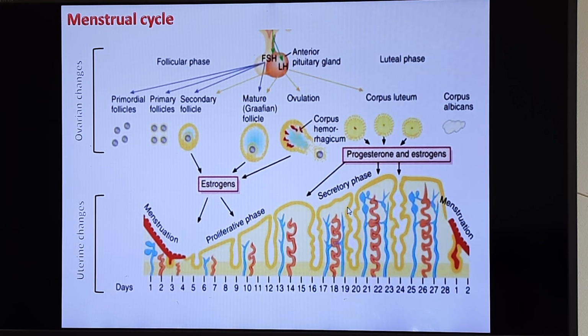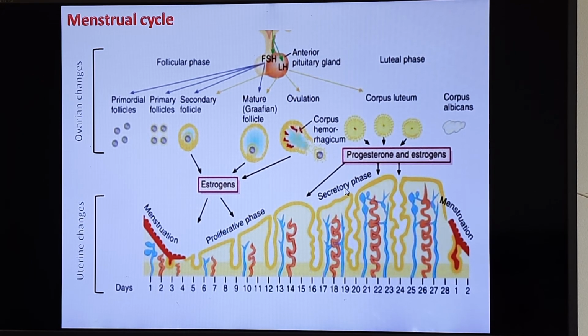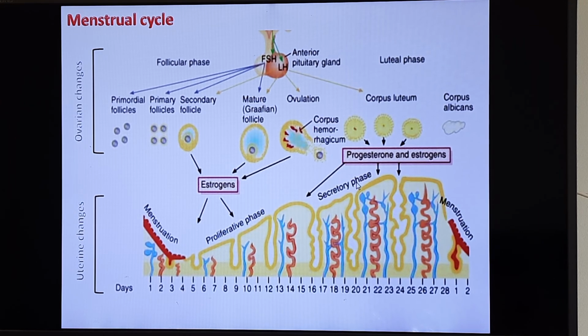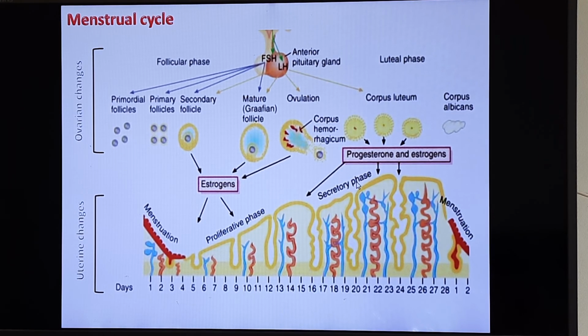At this time, if an embryo implants here, the uterine glands secrete uterine fluid. This uterine fluid consists of glycogen, which gives nourishment to the developing embryo. It is also known as uterine milk.